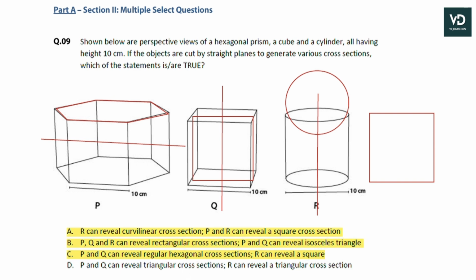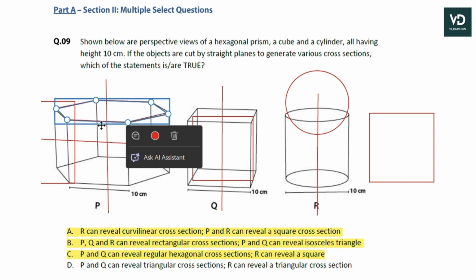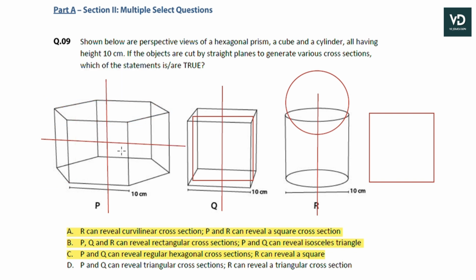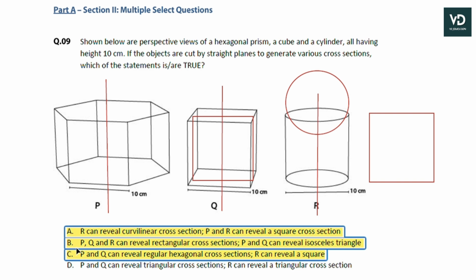And if we cut this shape from the vertical axis, the resultant shape can be a rectangle also, like this. Here we can see. Got it? So the answer will be A, B and C.